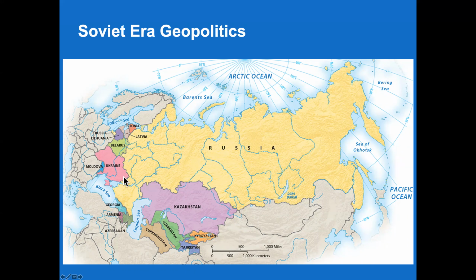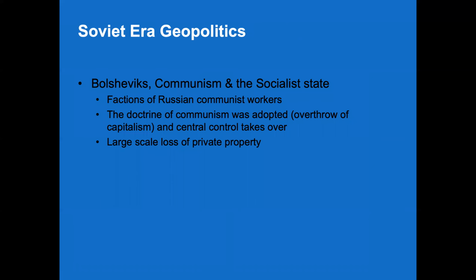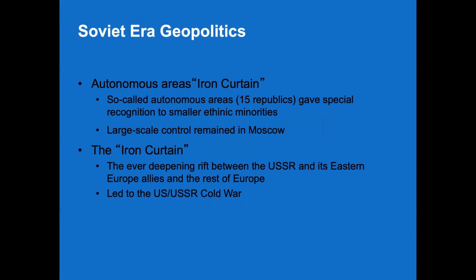So now, obviously, Soviet era geopolitics addresses the fact that you're talking about communism, central control, the state managing everything, which led to the whole idea of the Iron Curtain, where although a lot of those other states had some degree of autonomy, the state, meaning Moscow, meaning Russia, frankly controlled everything.